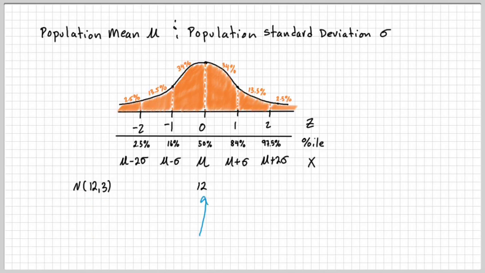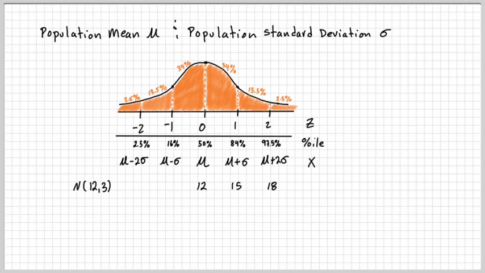The 12 goes right here in the center because that's the population mean. Then you add 3 to get 15, and you add another 3, that gives you 18. What does that mean? If a point is here, which is a point of 18, well, it's 2 standard deviations away, which makes sense.